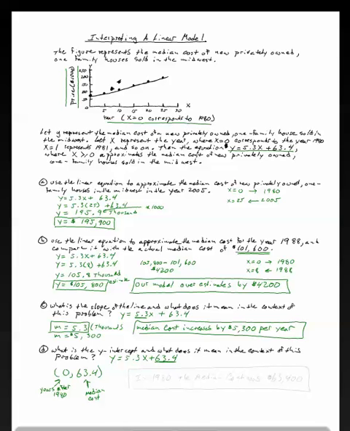What we would say is that in 1980, the median cost was, and that's in thousands, so 63.4 times 1,000 is 63,400. So in 1980, the median cost of those homes was 63,400.